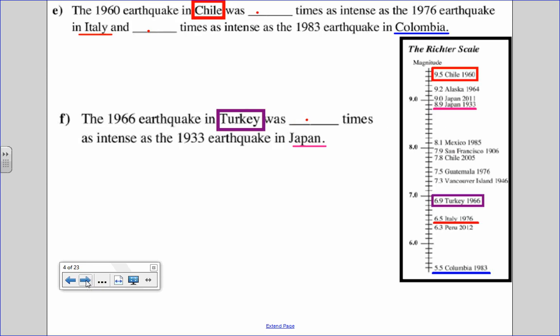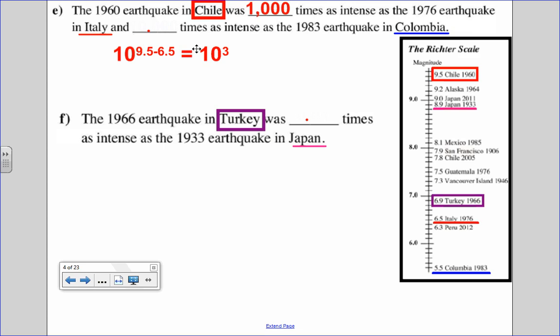Okay, let's compare some real life examples here. In 1960, the most intense earthquake on record, 9.5 on the Richter scale, was in Chile. We want to compare that to the 1976 earthquake in Italy. So Chile 9.5, Italy 6.5. That is 3 units higher, so it's 3 factors of 10 times more intense, or 10 cubed, 1,000 times more intense.